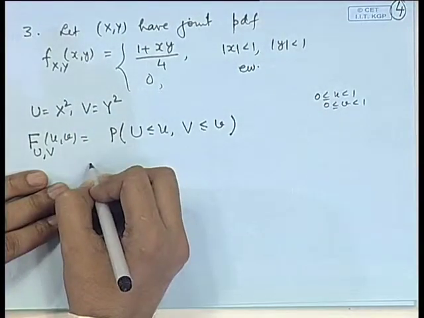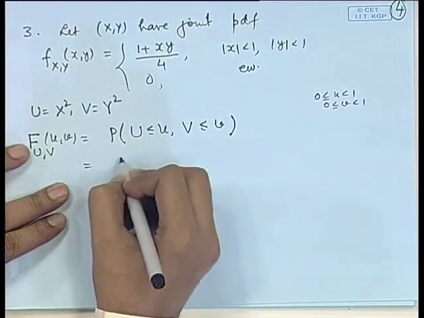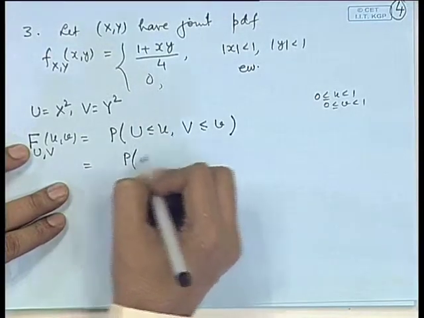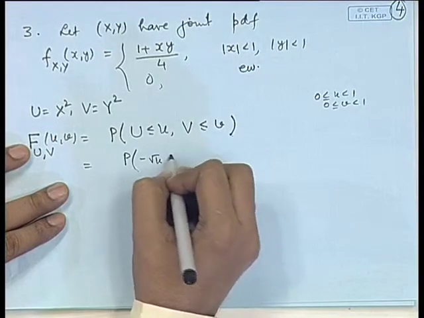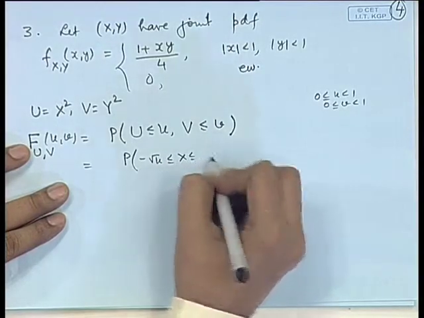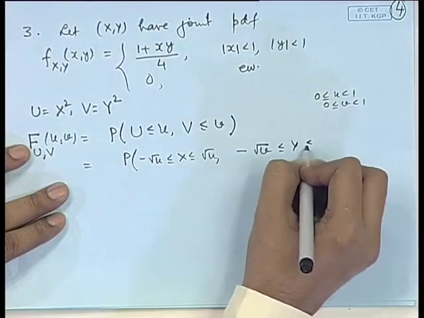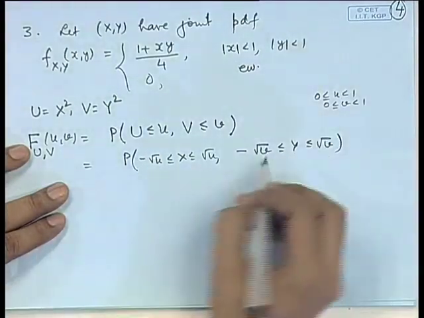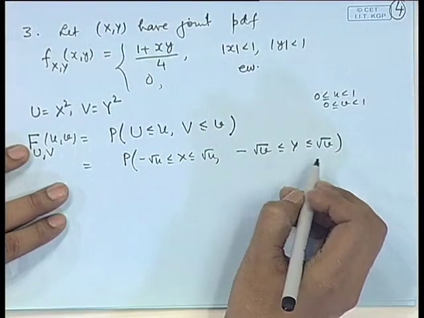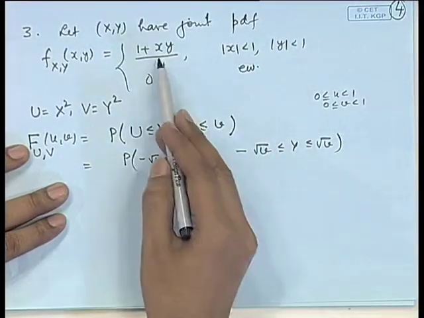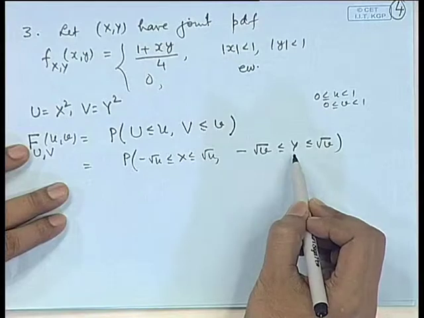So, for this case, this is nothing but the probability of x lying between minus root u to plus root u and y lying between minus root v to plus root v. So, this is nothing but the integration of the joint density over this region.